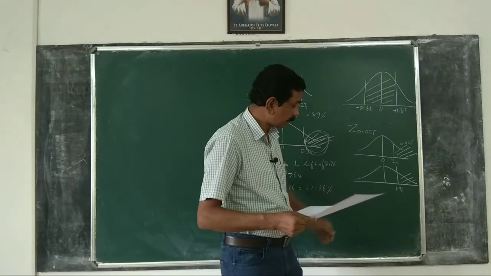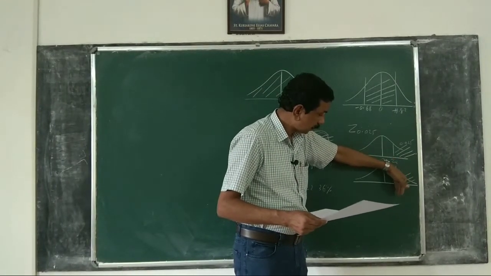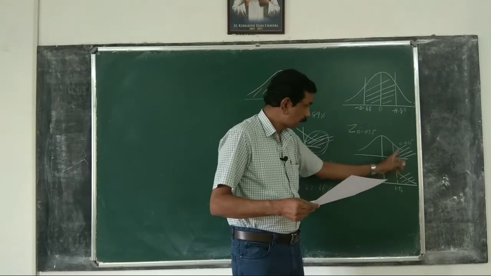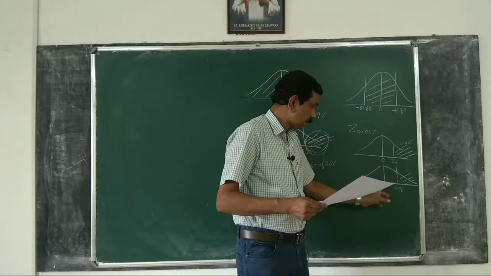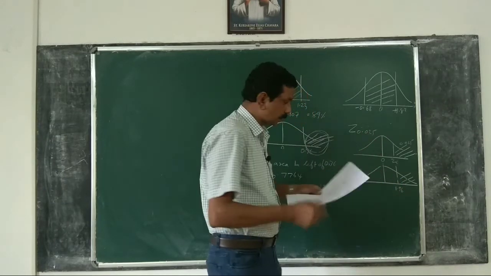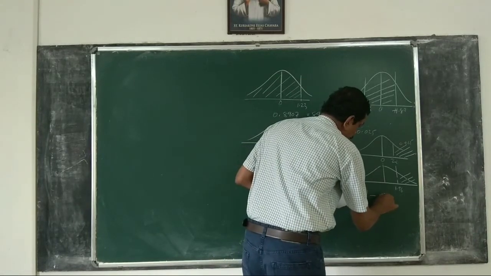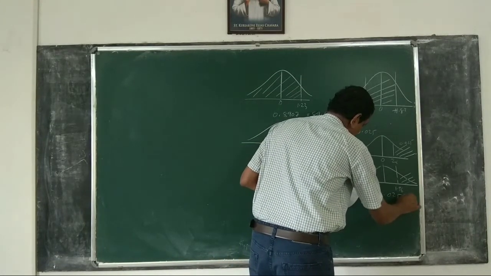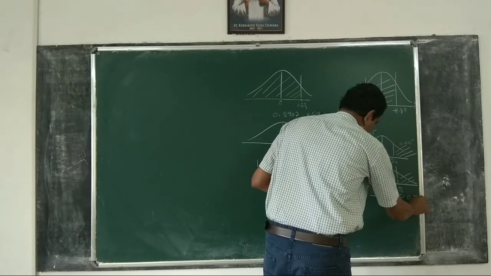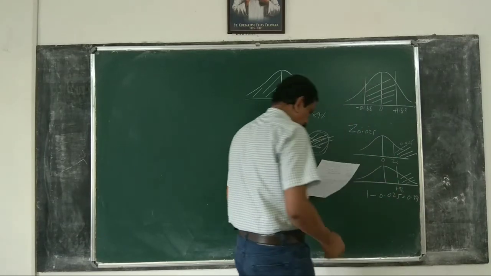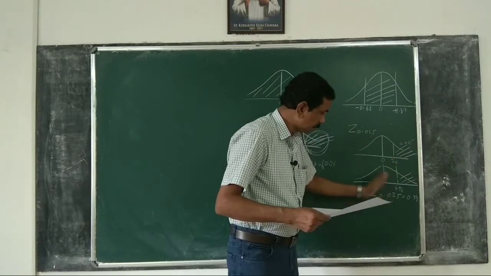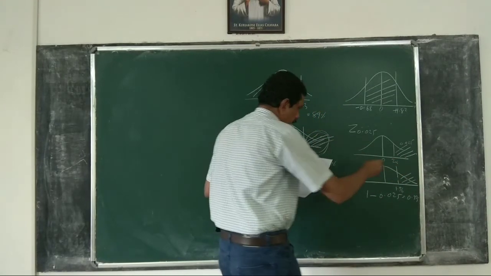This can be obtained as 1 minus area to the right of 1.96, that is 1 minus 0.025 is equal to 0.975. That is, to the left 97.5%, to the right only 2.5%.